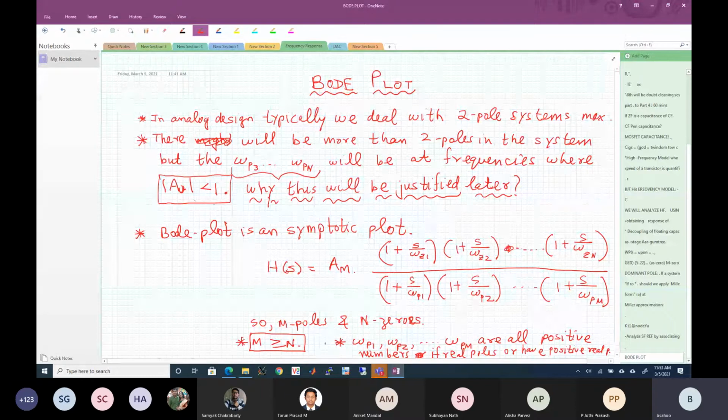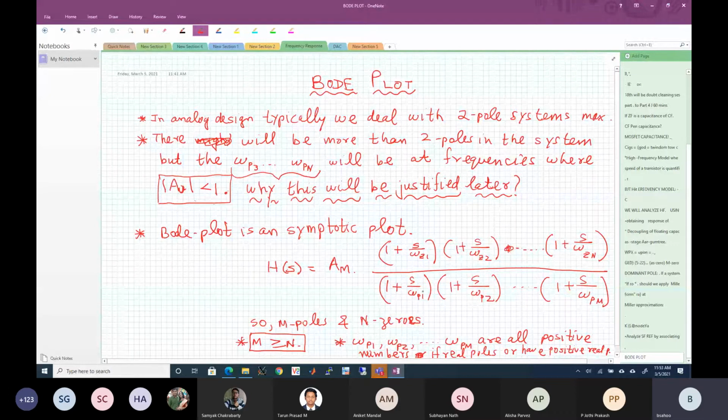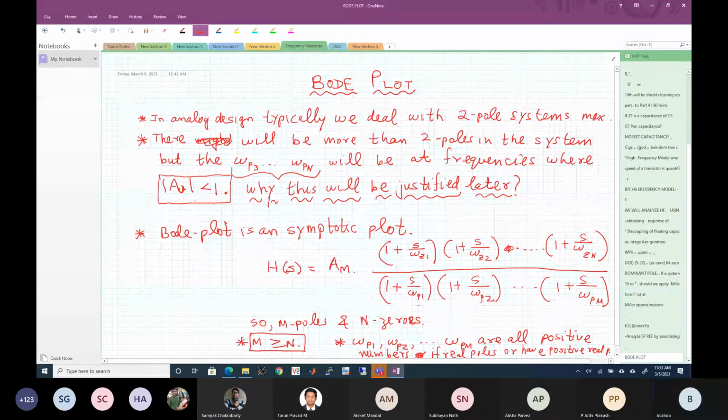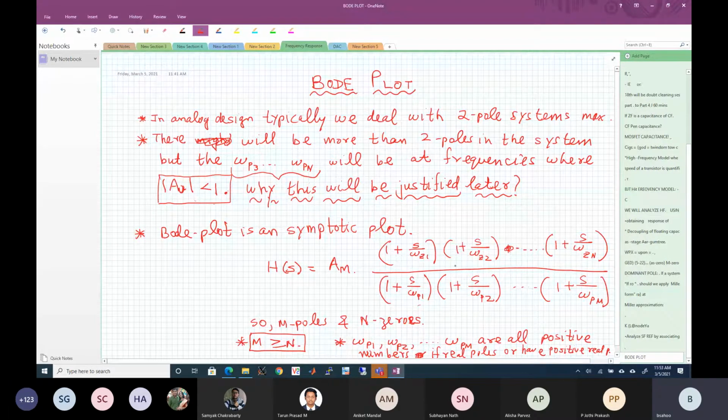So omega p1, omega p2, all these are positive numbers, means the poles are in the left half plane if they are real poles or have positive real part. If it's a complex number, then they will of course come in complex conjugate pairs. That means omega p2 will be the complex conjugate of omega p1, but the real part of both of them will be negative, so that the overall pole location is on the left half plane.